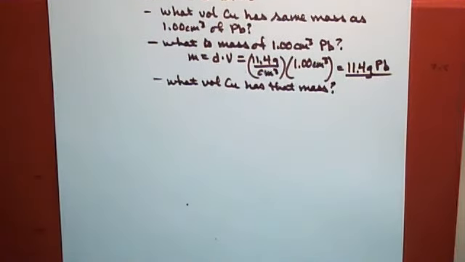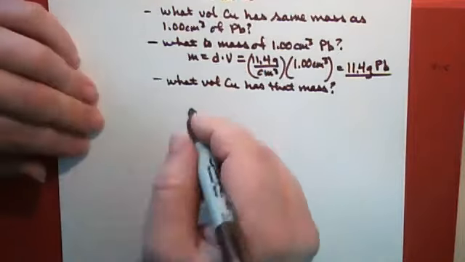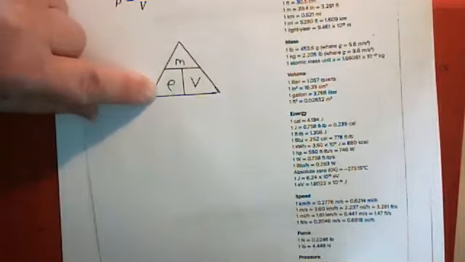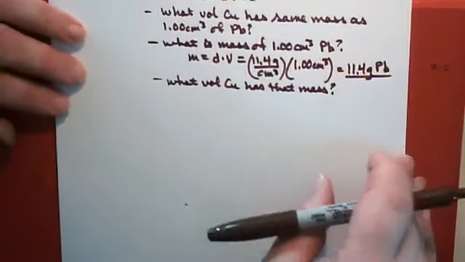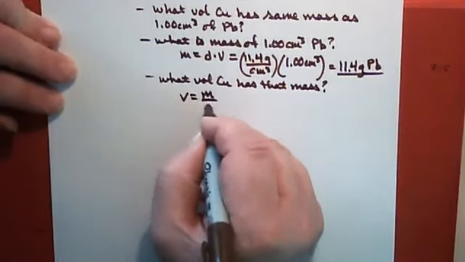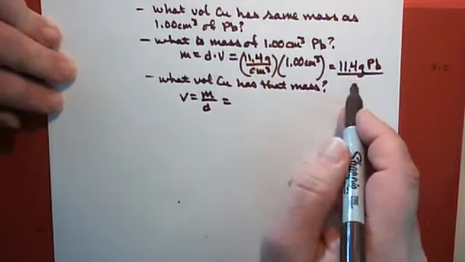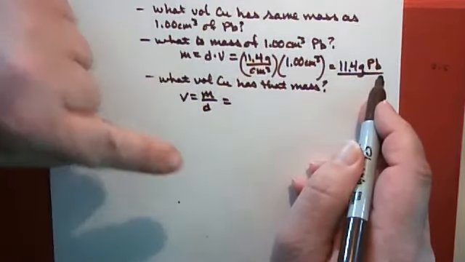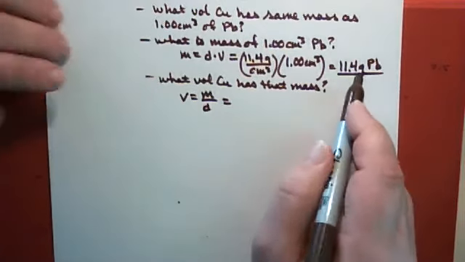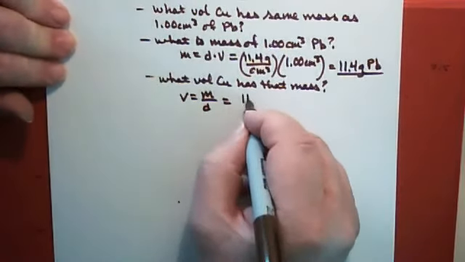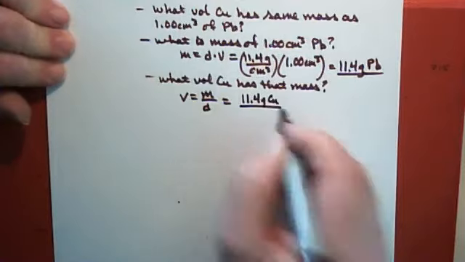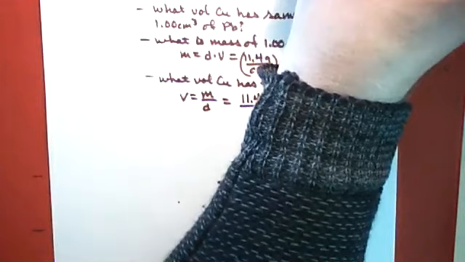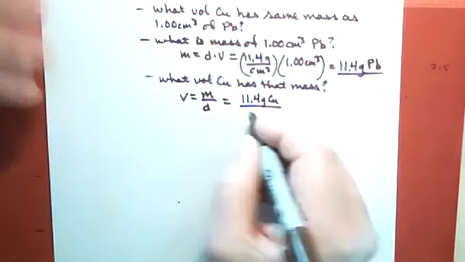Now we need to know what volume of copper has that mass, 11.4 grams. Volume, if you look at the old density triangle, is mass over density. The mass that we found was the mass of lead, but we want the mass of the copper to be the same. So now this is going to become the mass of the copper. And the density of copper is listed as 8.96 grams per cubic centimeter.